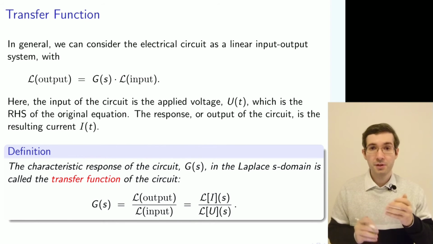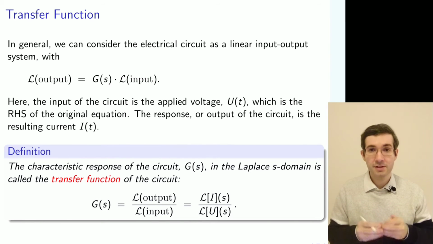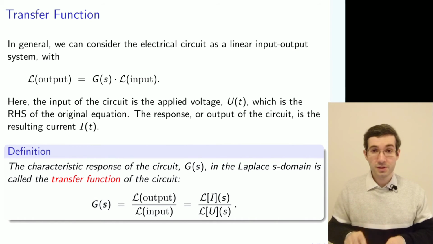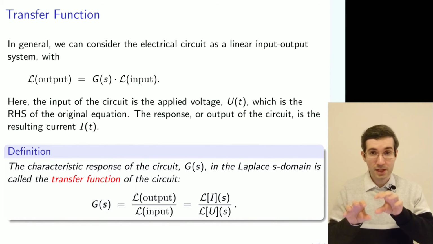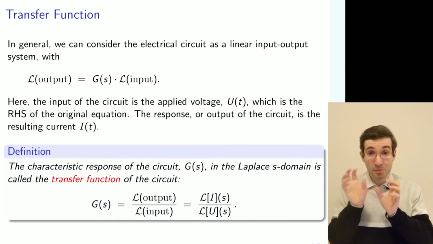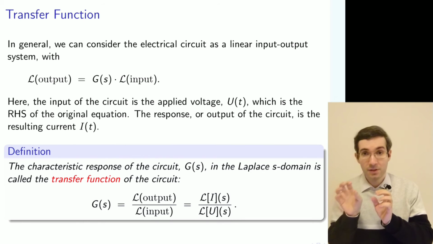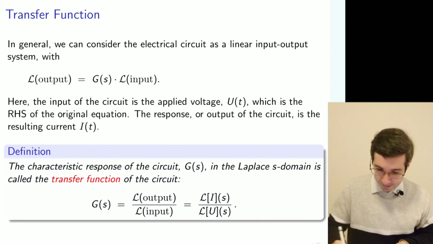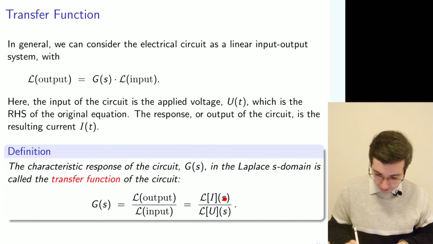So if somebody asks you to find a transfer function for an electric circuit, you apply Laplace transform to the equation describing the circuit, and then you identify what is the input, what is the output, and what is the part which connects a Laplace version of the input and a Laplace version of the output. So ultimately you need to connect the Laplace transform of I to the Laplace transform of U.